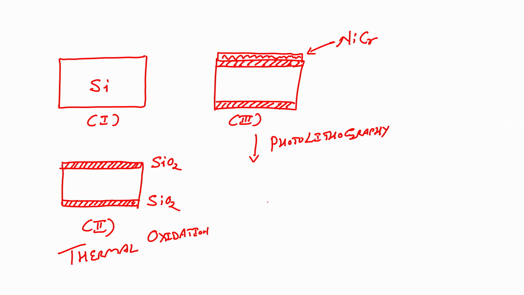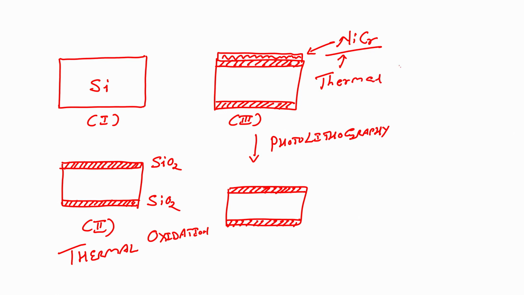How do we deposit nichrome? We deposit this nichrome using thermal evaporation or sputtering. All right, so we have this metal.